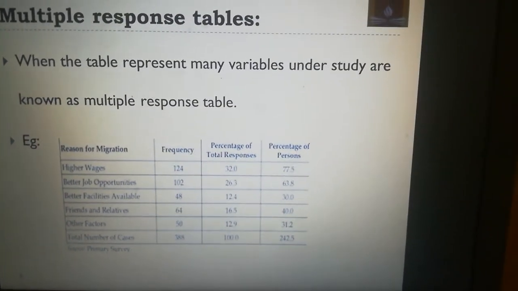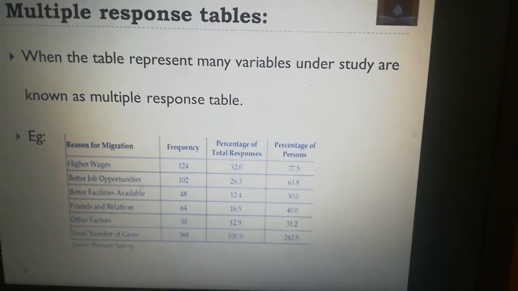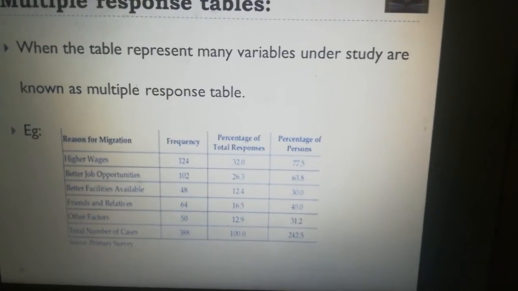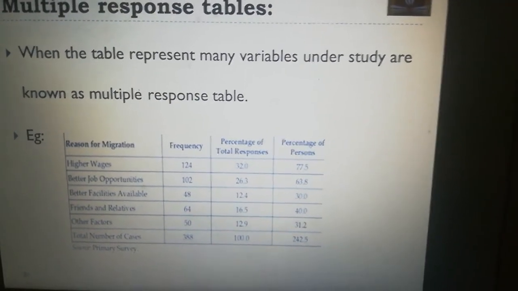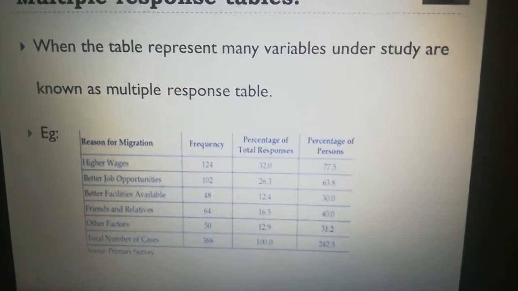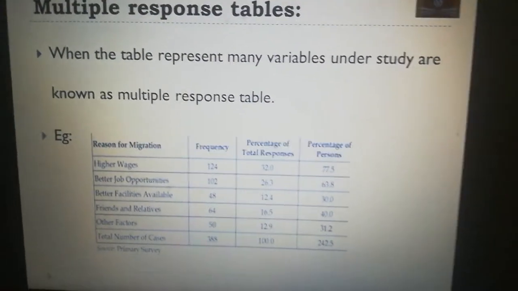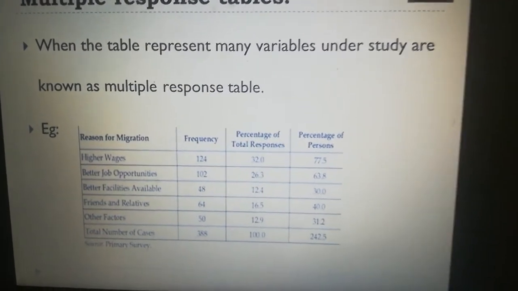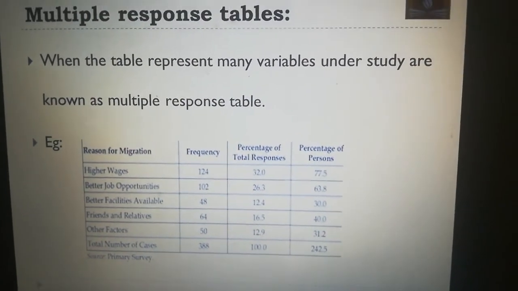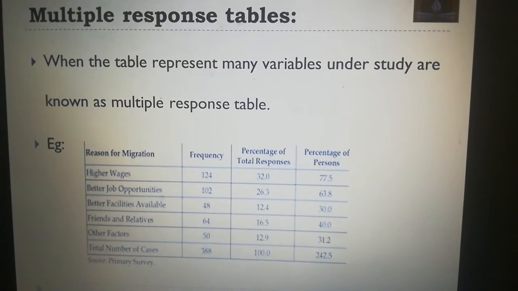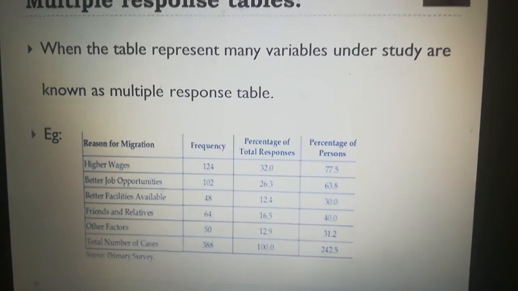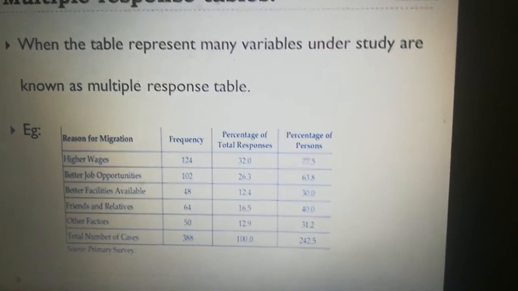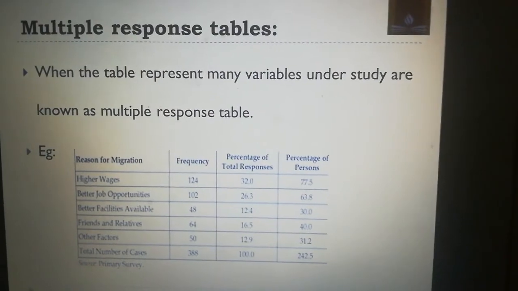Better job opportunities, 102, better facilities, like there are a lot of factors. Its frequency, percentage of total response, all these aspects are there. So it's a little bit more complicated compared to the marginal table. A lot of factors are represented, and the variables used in the study are represented in one table itself. Then it is known as the multiple response table.